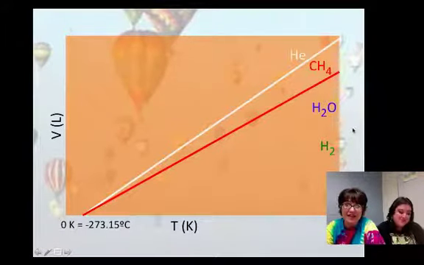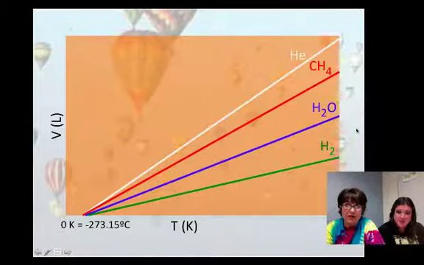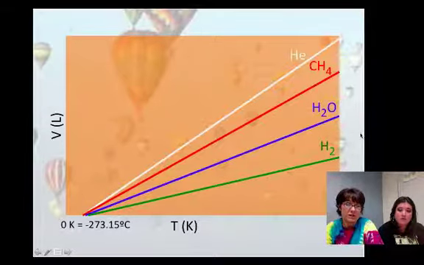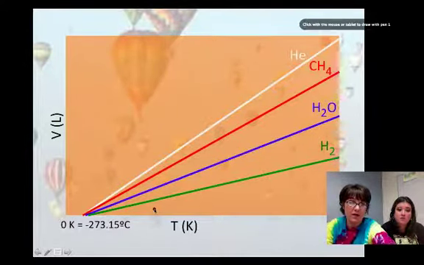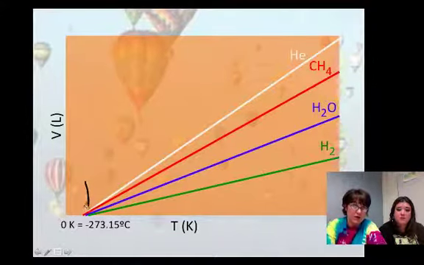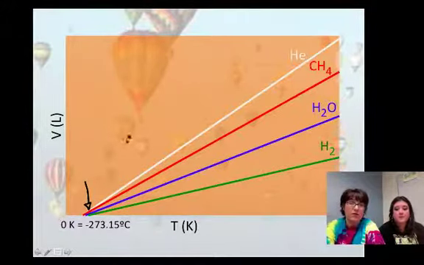Okay, here's a couple of different gases. And I wanted to point out that all of these gases may have a different slope because there's different interactions in the molecules, but they have the same intercept here, that they're all going to meet at the same point. And this is how we got the relationship to describe what 0 kelvins would be, because no one's ever actually gotten the temperature all the way down to 0 kelvins.